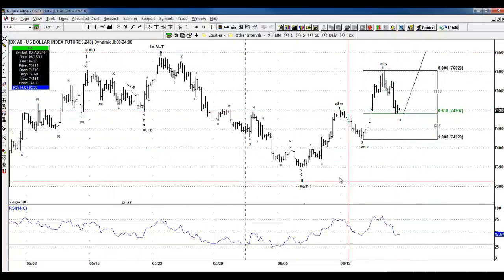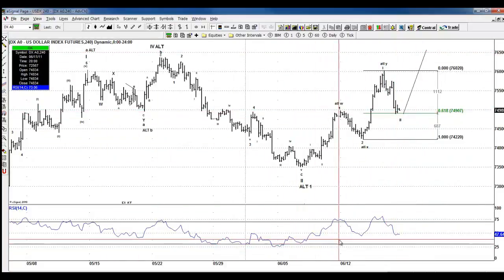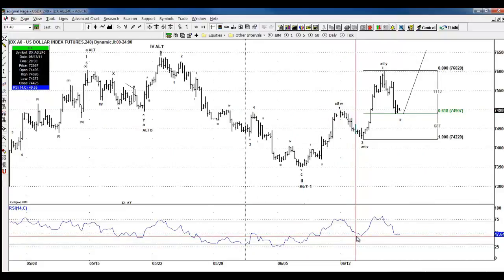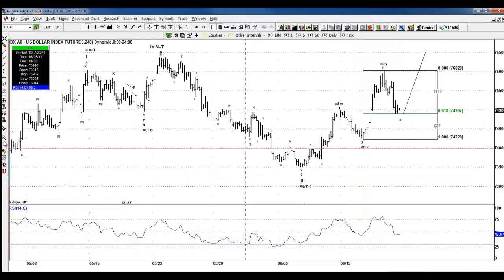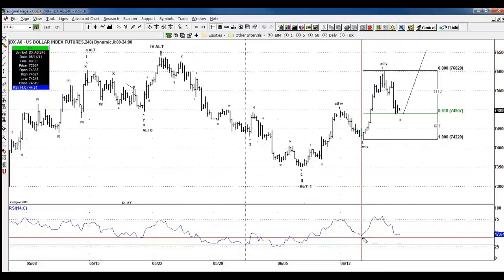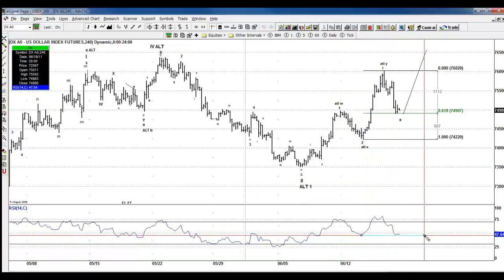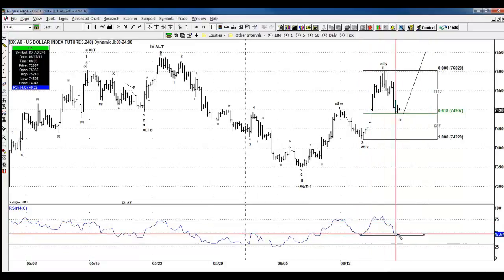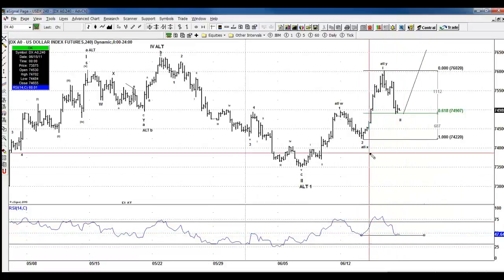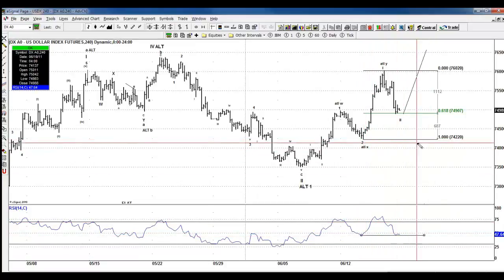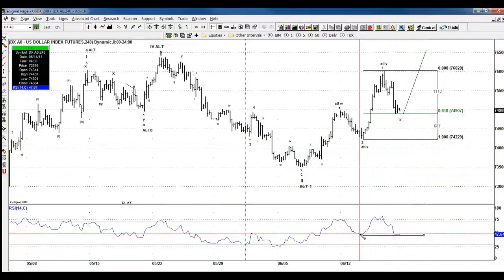Why? Because if that happens, then this cannot be a nest. Technically speaking, it's a bull trap, and the dollar is going to be sold. So this is technically the line in the sand. This is in the RSI, and it is the same level for me right here. I want you guys to understand that.